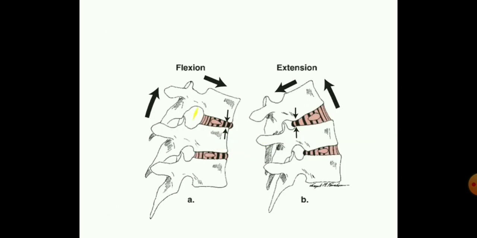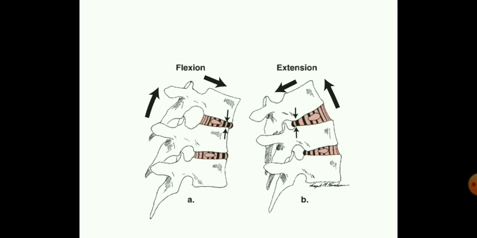This is the vertebral foramen, and it can go for widening. So during flexion, there will be anterior gliding and anterior tilting of the superior vertebra, an increase in space between the spinous processes, and also increased space in the vertebral foramen.